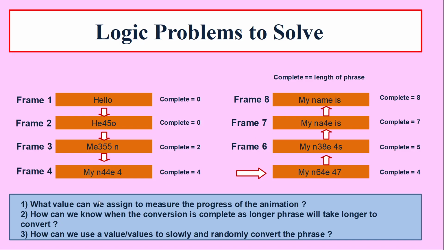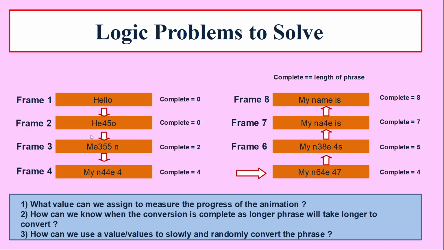Now the last thing that we need to do is create a value so that the random changes happen throughout the frames, but also so that the conversions don't all happen at the same frame.